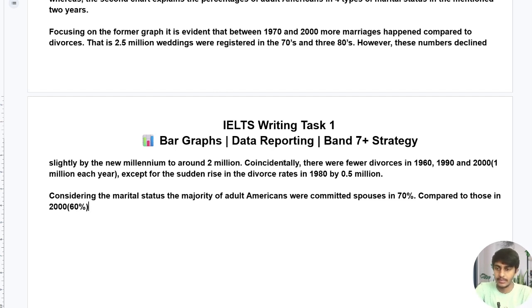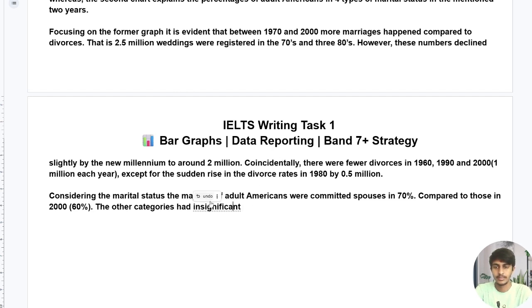What happened? 2000 is 60%. Now the other categories had insignificant numbers.